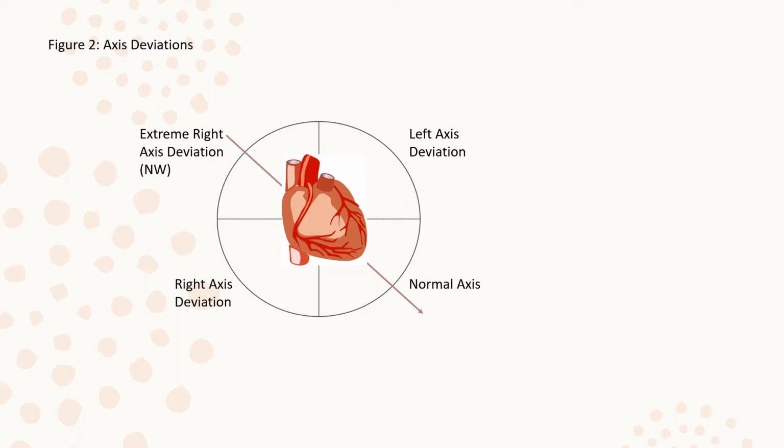If we had a right axis deviation, meaning that instead of heading towards this normal, the electricity tended to come straight down, that would be a right axis deviation. So the energy is now heading to the southwest, if you would. Or you could have a left axis deviation, where this is very common.